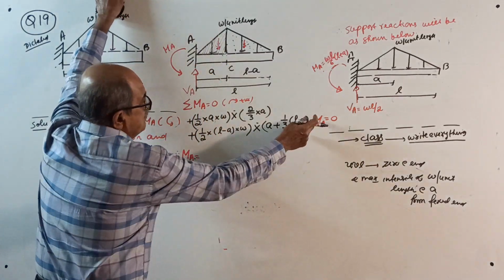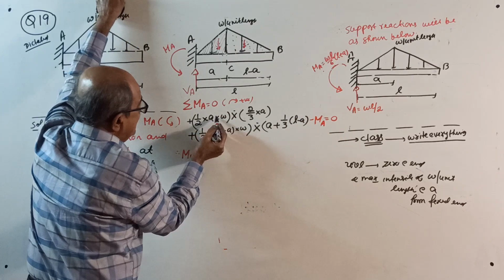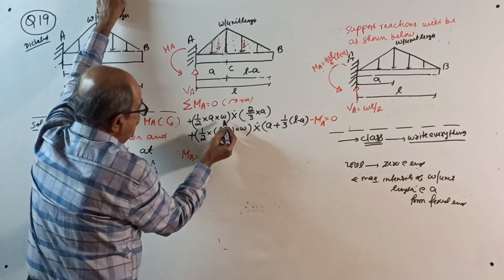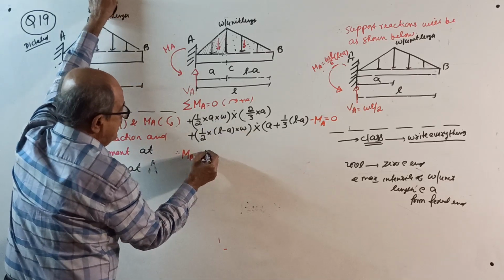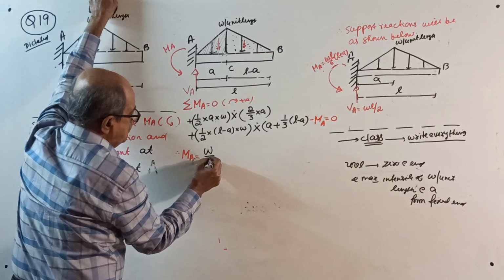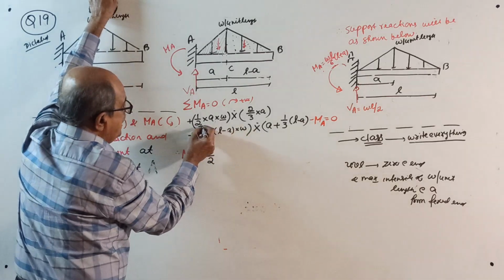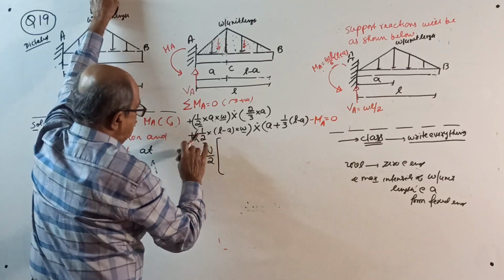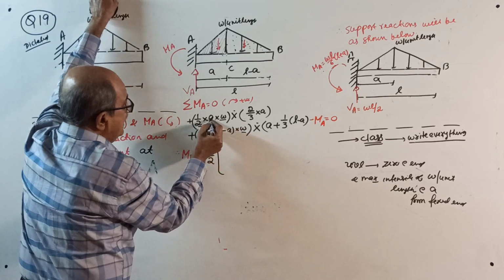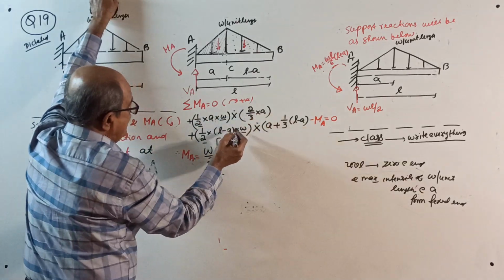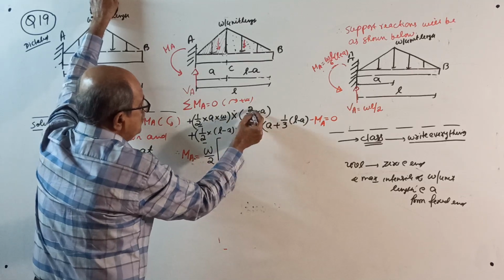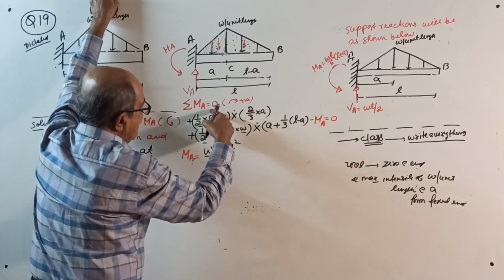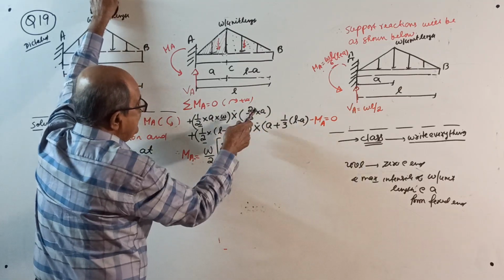MA equal to half AW into 2/3 of A, plus half L minus A into W into A plus L by 3. So W by 2 will be outside. A into 2/3 of A is 2A square by 3. That is this term.